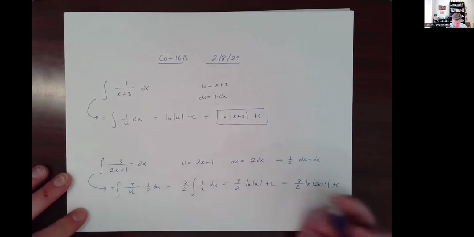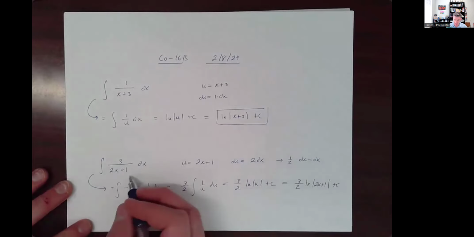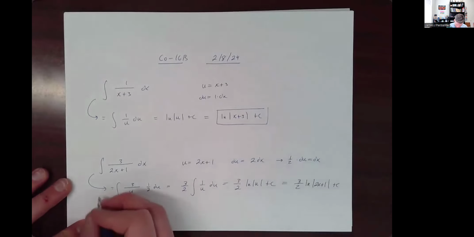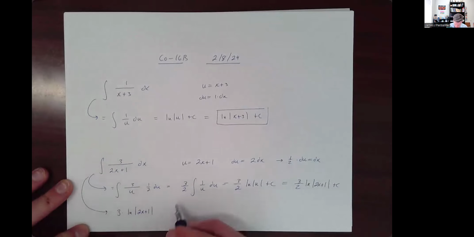Times 3 over 2. What I want to point out is that whenever you're integrating 1 over ax plus b like this, and we did a whole worksheet about this, you could have just said, oh yeah, I know it's going to be 3 times the natural log of that stuff in absolute value. And then if I was going to take the derivative of this, the derivative would be 3 times 1 over 2x plus 1 times 2 because of the chain rule.